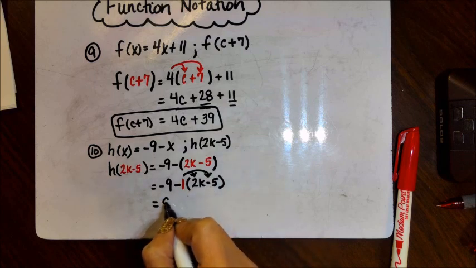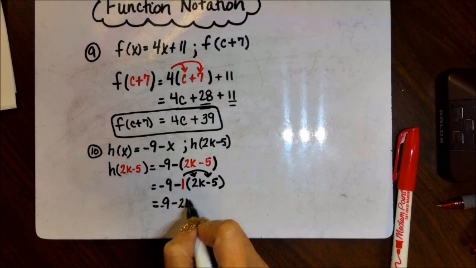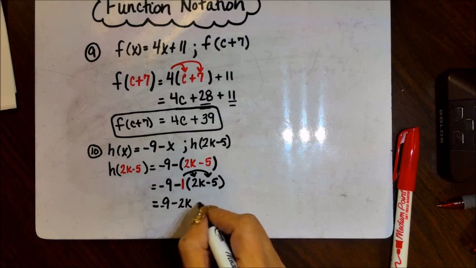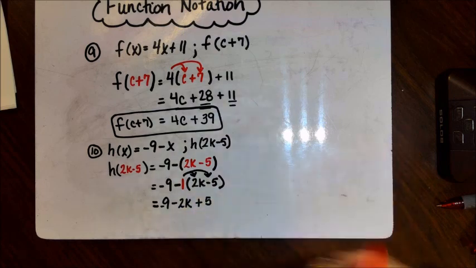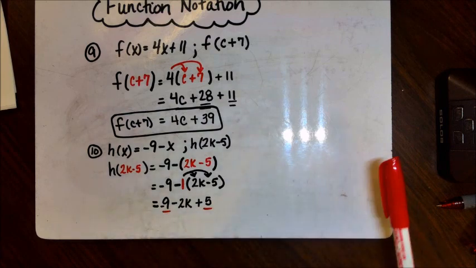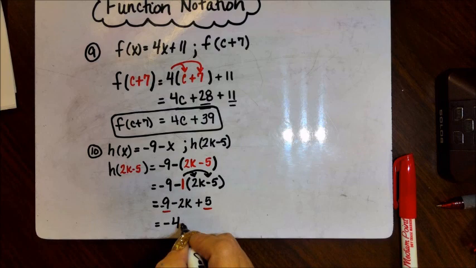So, negative 9 minus 2k, negative 1 times negative 5 will be a positive 5. And then I'm going to look, I've got negative 9 and positive 5. I'm going to put those together and get negative 4 minus 2k.